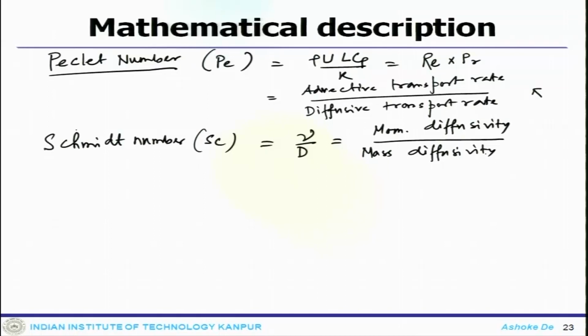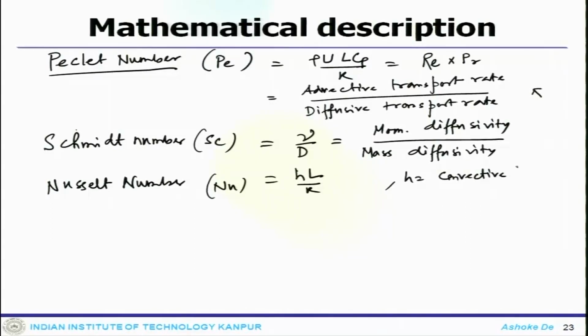So, this will be another important parameter when people look at the species mass transfer equation. Now, in heat transfer there is a non-dimensional number which you will require, the Nusselt number. Nusselt number is estimated as HL by K, where H is your convective heat transfer coefficient.